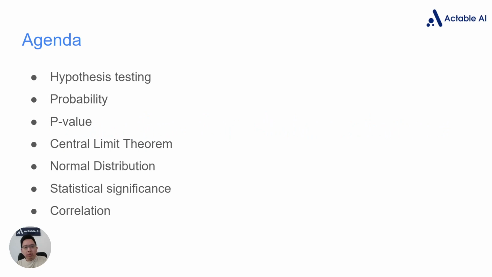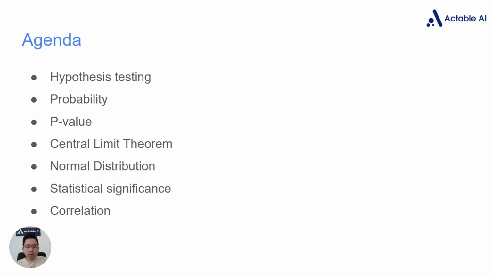So the agenda of this class is that first I will discuss what hypothesis testing is, then probability and how we can use probabilities, specifically the p-value, to confirm or reject your hypothesis.